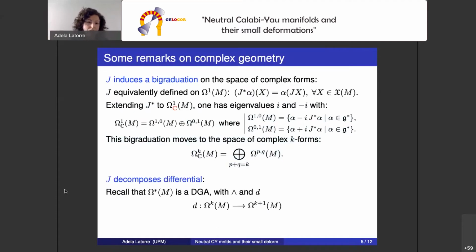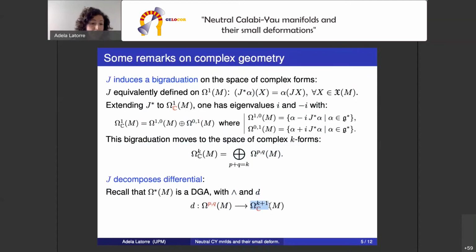And then the second remark is that my complex structure decomposes the differential. One should recall that the space of forms on a manifold is a differential graded algebra which has a wedge product and a differential, which sends a k-form to a (k+1)-form. So if we complexify these spaces, then as this space here splits in this way, we can focus on a particular (p,q) degree and think where this differential sends my form inside this other space.